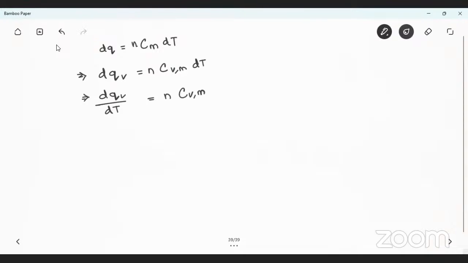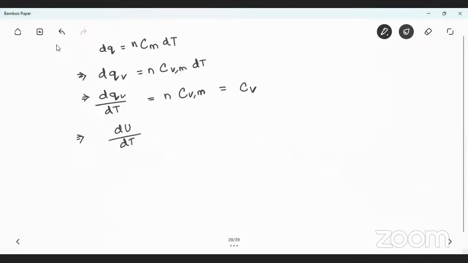If you are revising, you will know this is the expression for CV, which we did from gas before starting the first law. I told you dQV at constant volume is represented as dU.